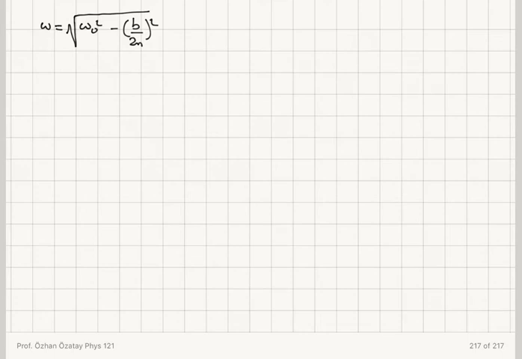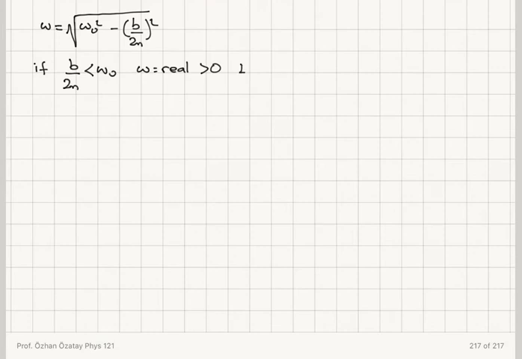Now this is going to be the solution in only one case, where you have omega 0 squared greater than b over 2m squared. So if b over 2m is less than omega 0, then you will have omega a real positive number.